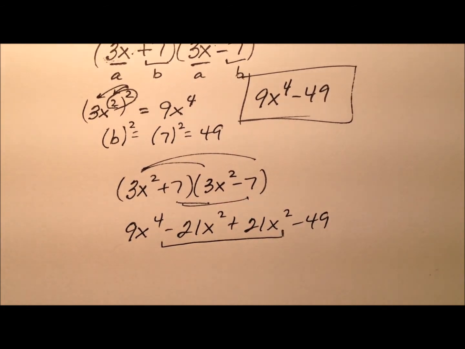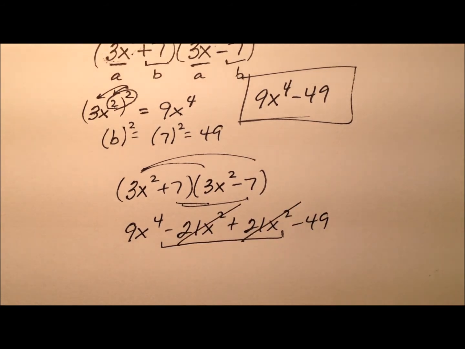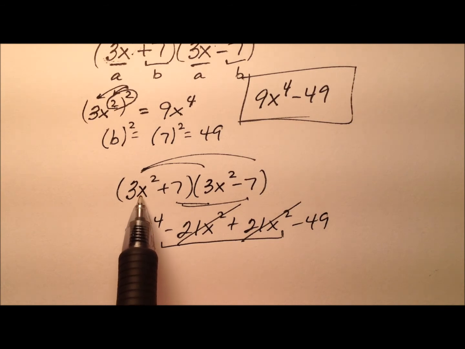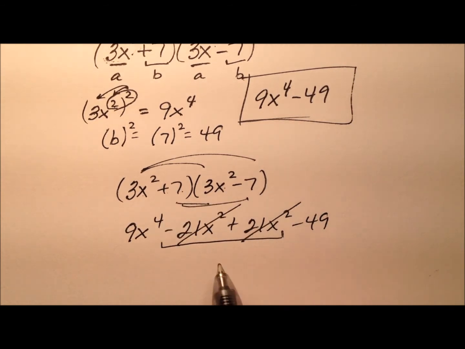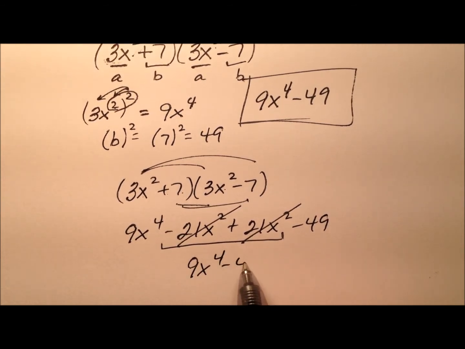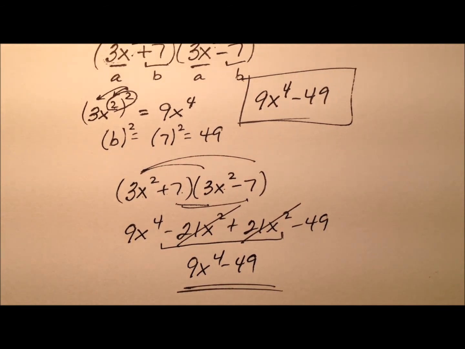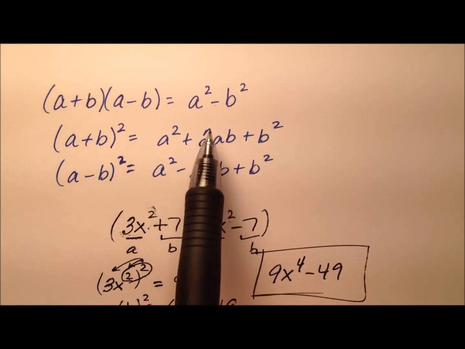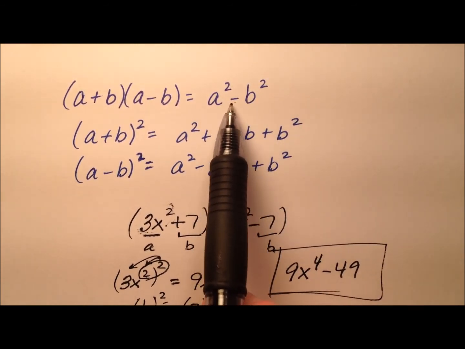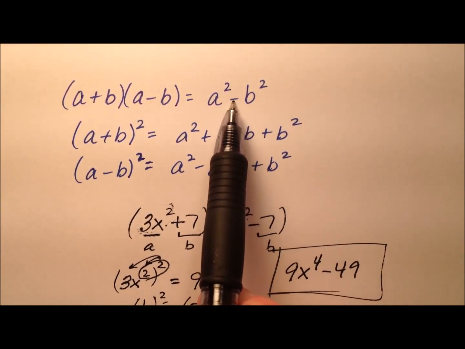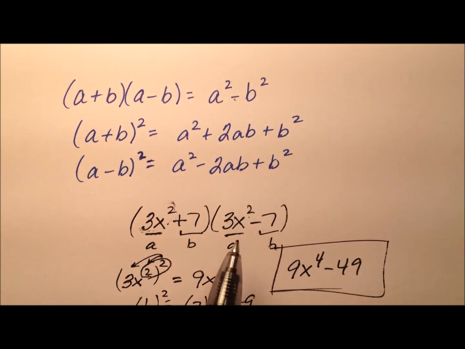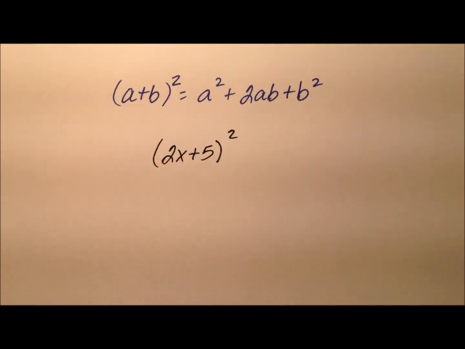These middle terms are like terms, and in fact, they cancel each other out. And you'll see that will always happen when you have the a plus b times the a minus b. So then you're left with that product that we had previously. Okay, and we actually call this the difference of squares because it's subtraction, which means the difference, and we have two perfect squares.